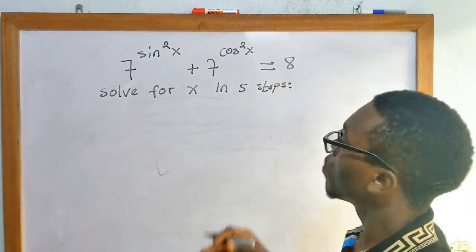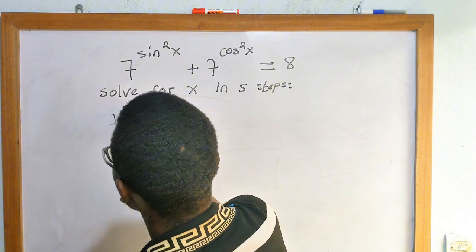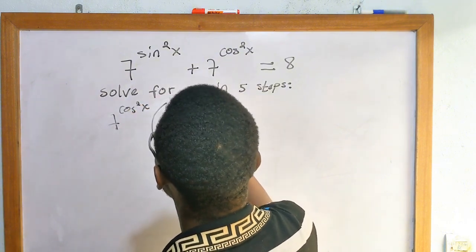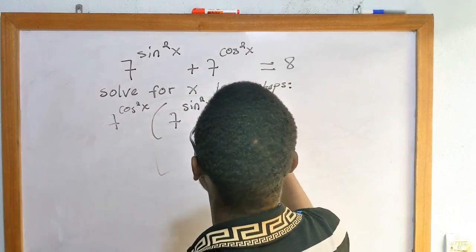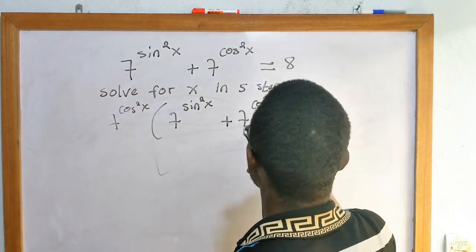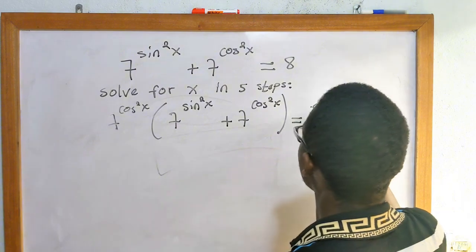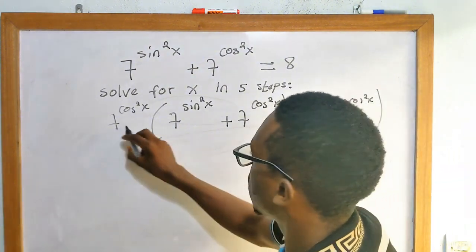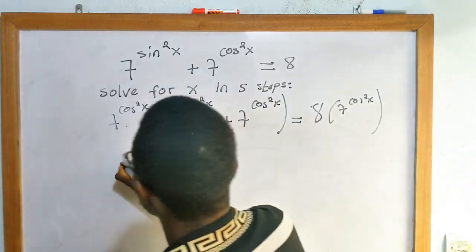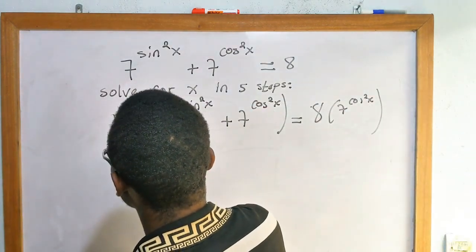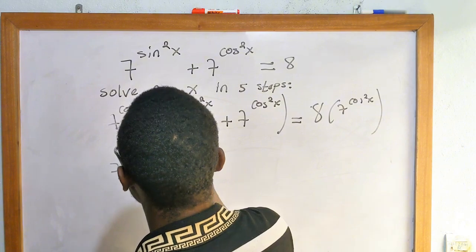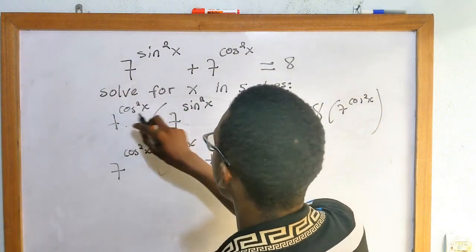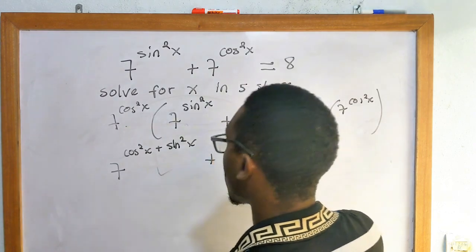By multiplying everything by 7 to the cos square x. Multiplying 7 to the sine square x plus 7 to the cos square x equals 8 by 7 to the cos square x, you are going to have 7 to the cos square x plus sine square x plus 7 to the cos square plus cos square, that is 2 cos square x.